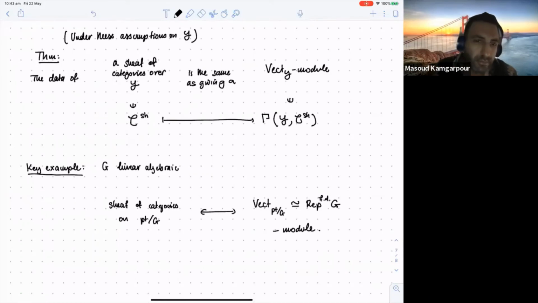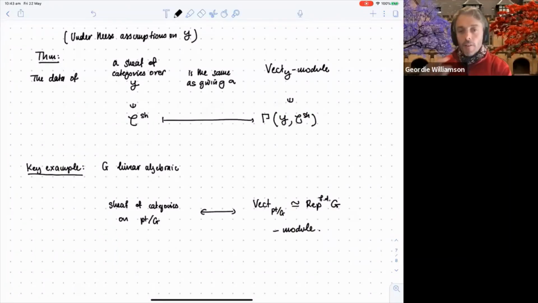So what we should remember is that if one can construct, I just want to see if I got this right. If one can construct coherent sheaves from vector bundles, then module categories over quasi-coherent sheaves are the same as module categories over vector bundles. Is that sort of the right way to remember?